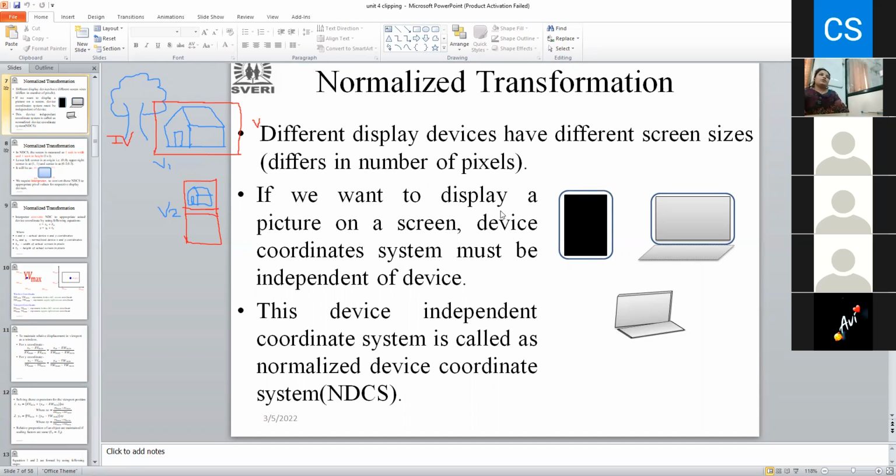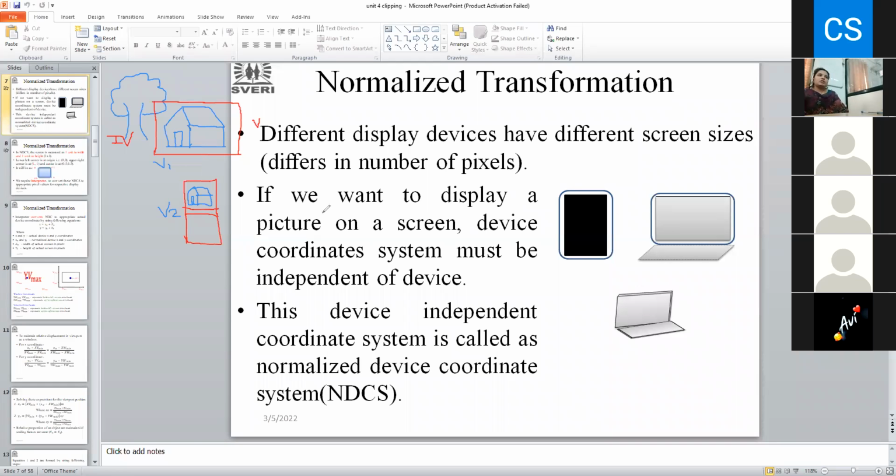So if we want to display a picture on the screen, the device coordinate system must be independent of the device, right? Whatever the screen, if it is horizontal, we will be able to see the complete picture. If it is vertical, then also we will be able to see the complete picture. So the picture should be independent of screen size.